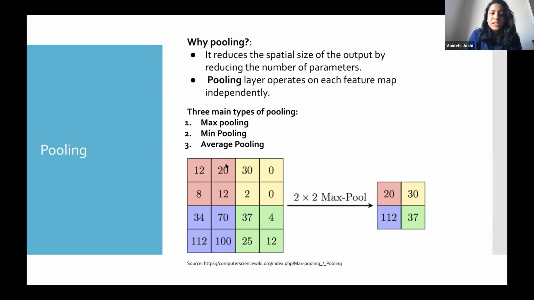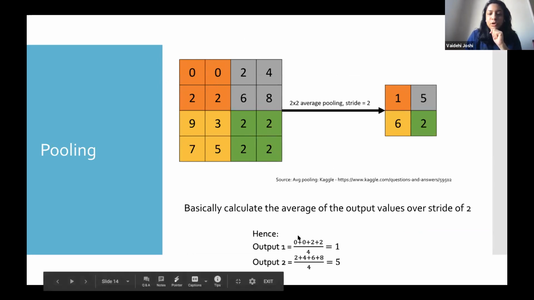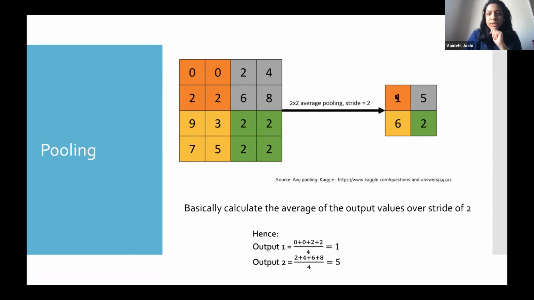So if I'm applying a kernel on this particular pink pixel square, then that is the current receptive field of our image. So that is max and min pooling. In the case of average pooling, it is going to consider the average of that particular receptive field. If we consider the orange block, then the average of this block is 1. So we put 1 here and so on. That is how we downsample the images.